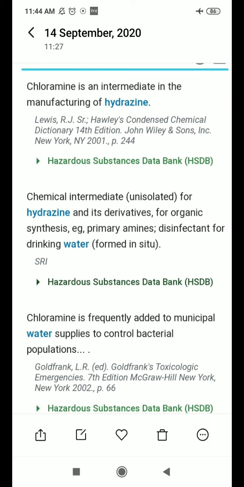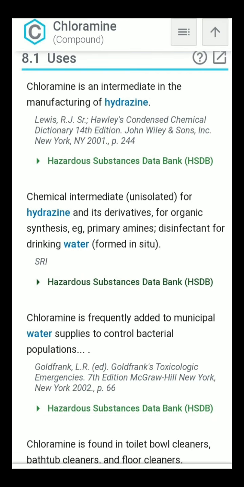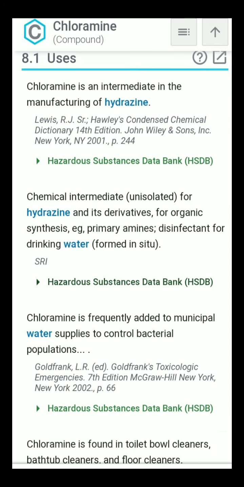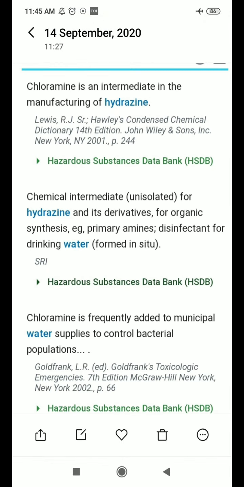Okay, now keep in mind the terminology: disinfectant, and another one, antiseptic. First, disinfectant means to kill microorganisms on non-living things. What is the definition of a disinfectant? It can be used to kill microorganisms or bacteria present on non-living things.